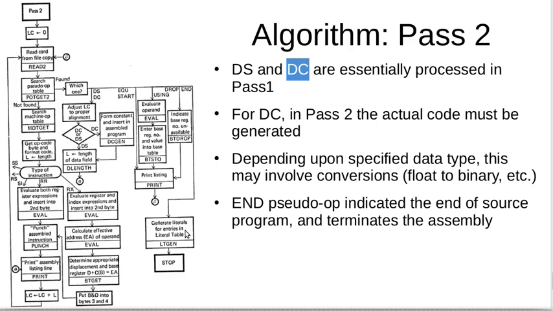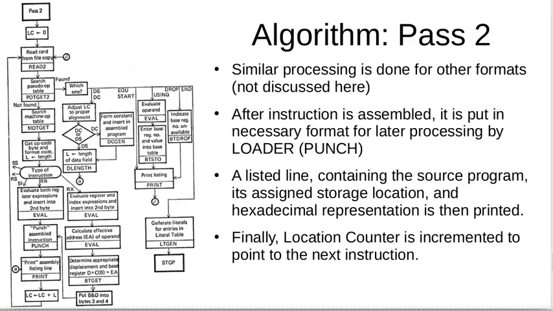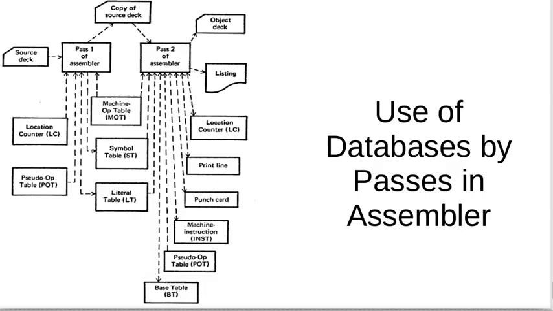We had studied that when we come across LTORG or END, the literals are assigned some addresses, some location values. Since no LTORG was encountered, we have come to END, so we will generate the literals for entries in the literal table, right? So these are the steps in the algorithm for pass 2.